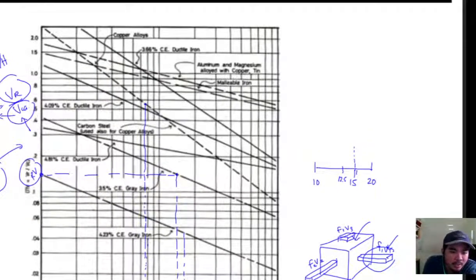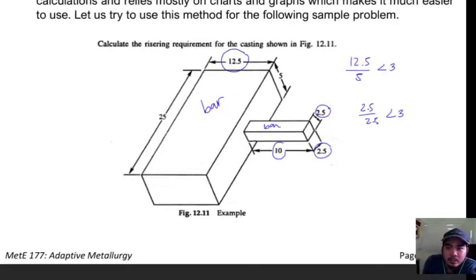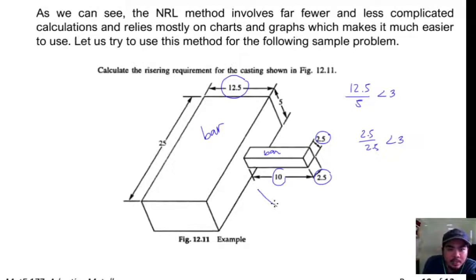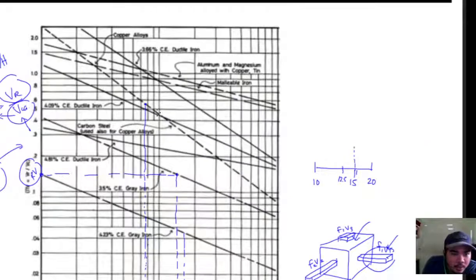It's carbon steel. Steel siguro yung sample natin, no? Nakalimutan ko lang ilagay yung example. I think this is a steel sample. So steel sample, this is the line for copper alloys as well as steel samples.